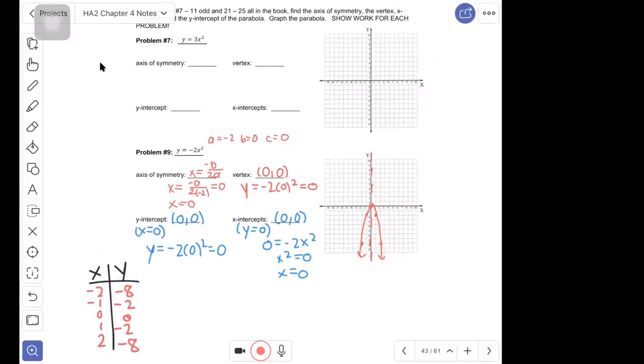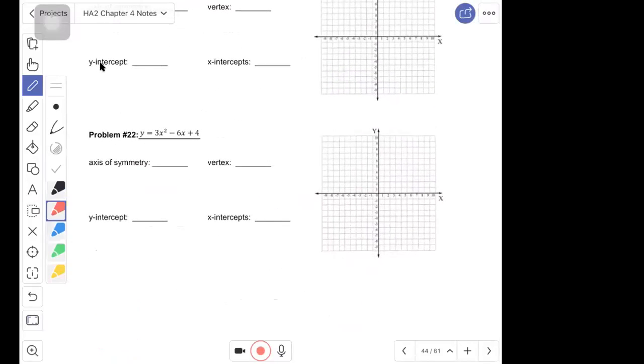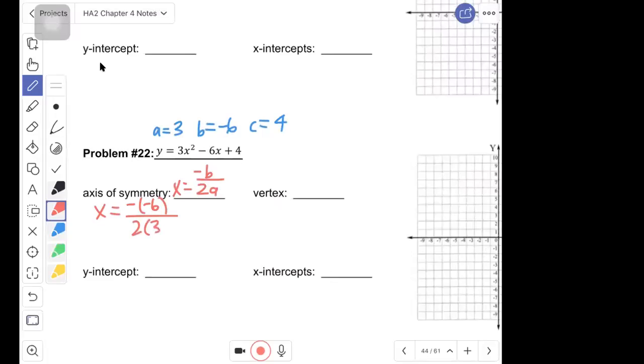All right. I want to also look at number 22, which is on the next page. So my first step is always just to rewrite what my a, b, and c are so I don't miss any negative signs. We know our axis of symmetry is x equals negative b over 2a. I'm just rewriting it. So we have negative b, which is negative 6, over 2a.